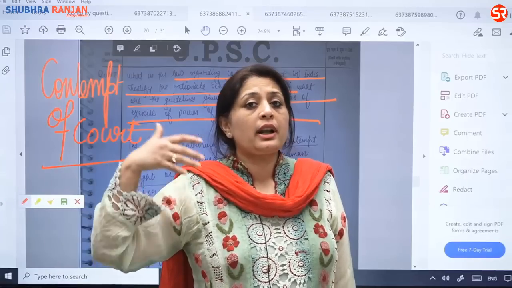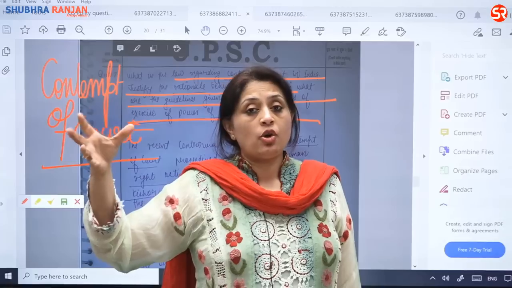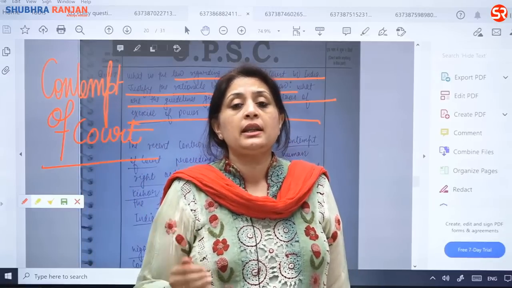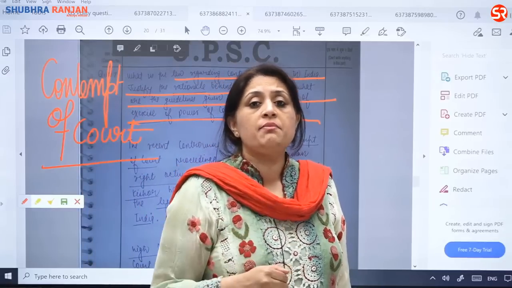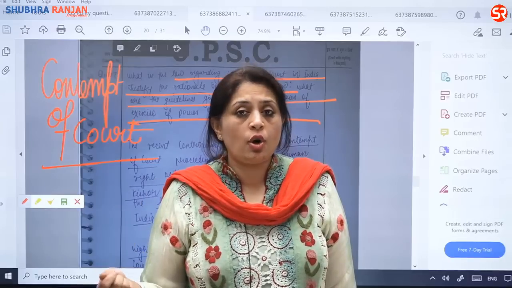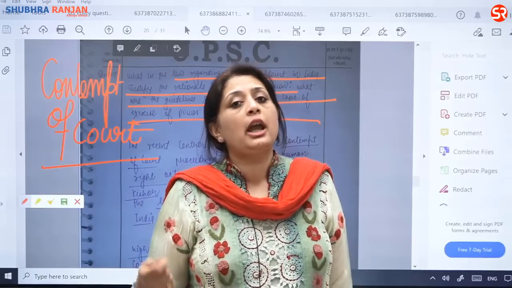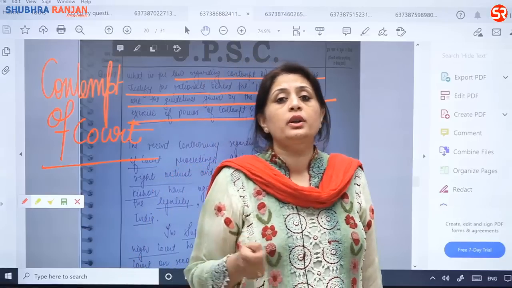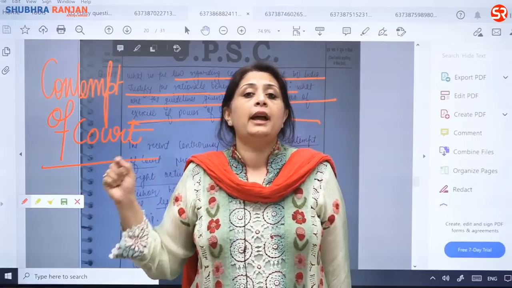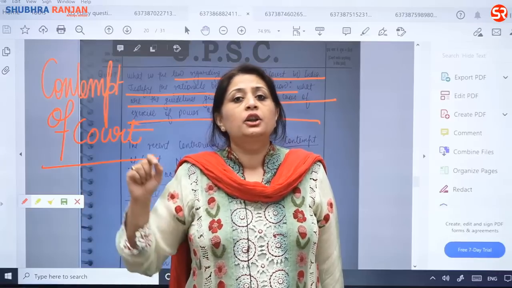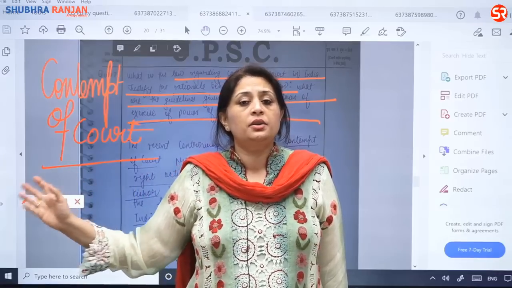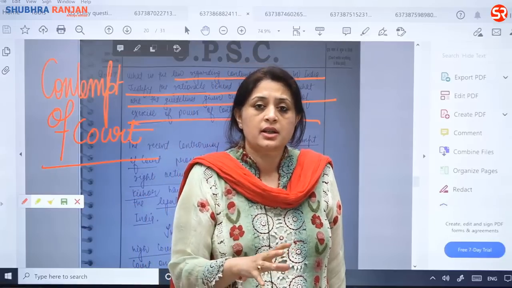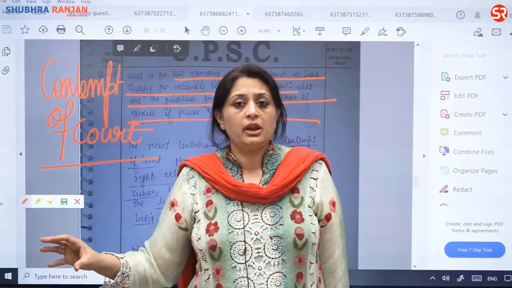For regularized application, because contempt of court can also be seen as one of the reasonable restrictions on freedom of speech and expression, Parliament has brought the Contempt of Court Act 1971, which was amended I think in 2006, and it defines what is a civil contempt and what is a criminal contempt.